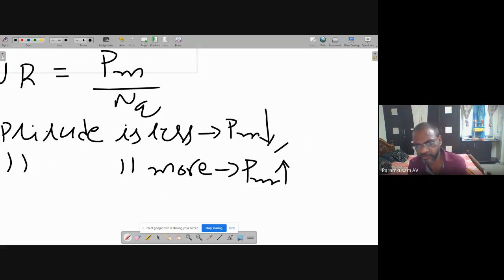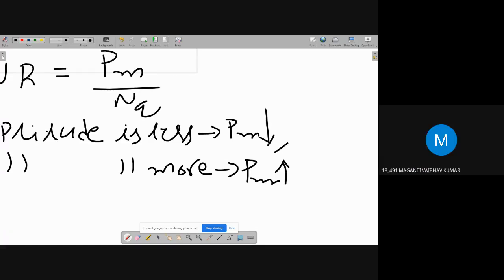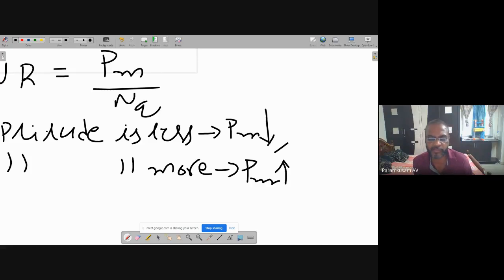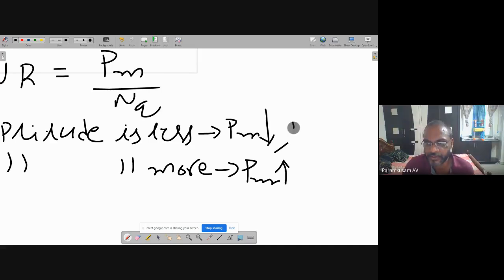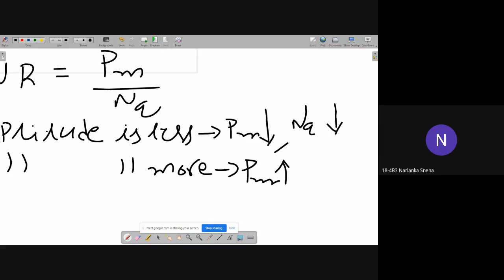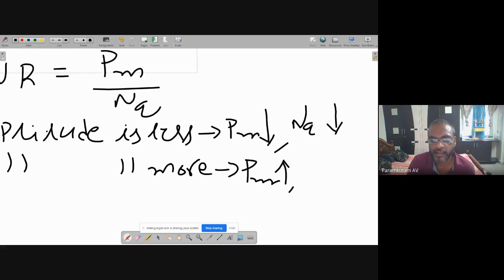Then what should be the NQ? NQ should be less. You don't compare with PM. NQ is less or more? Less sir. NQ is less. Yes. Okay, sure.